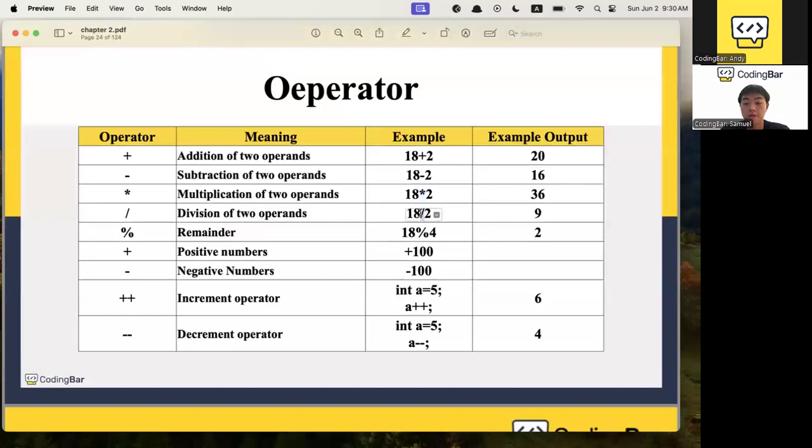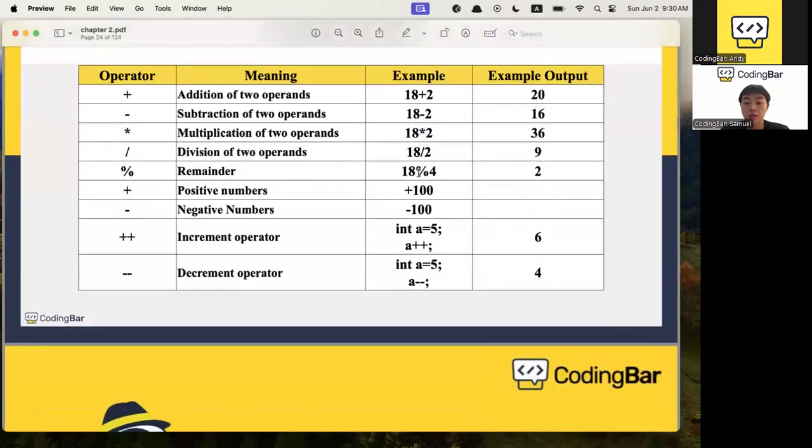And times and divide are the same in maths as well. And remainder is a bit special. We seldom see this in mathematical expressions, but we use it frequently in programming in C++. It is for calculating the remainder. So the remainder after 18 divided by 4 will be 2. So this is the remainder.